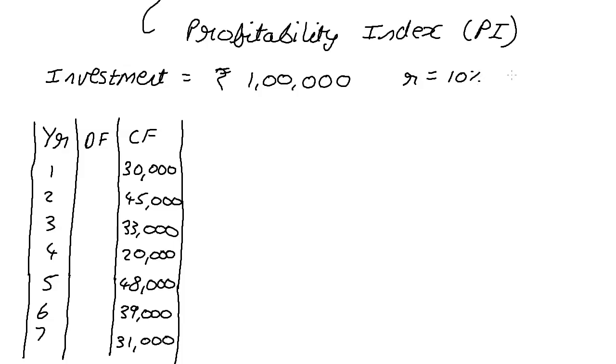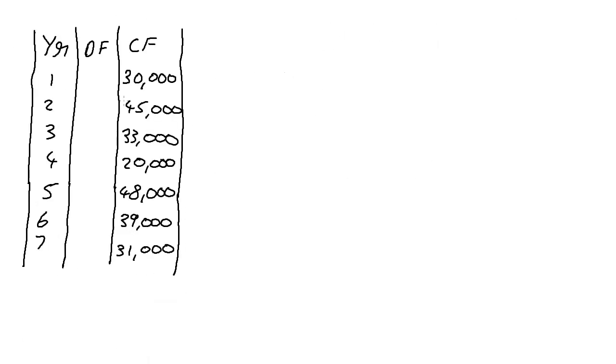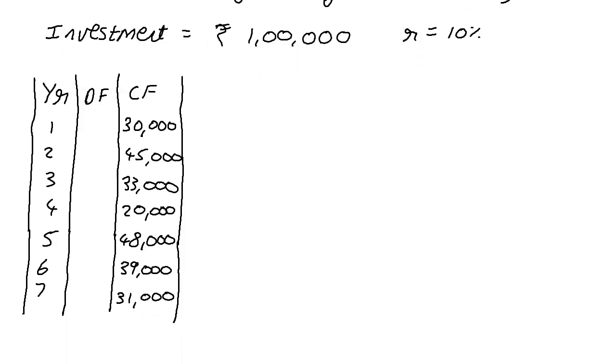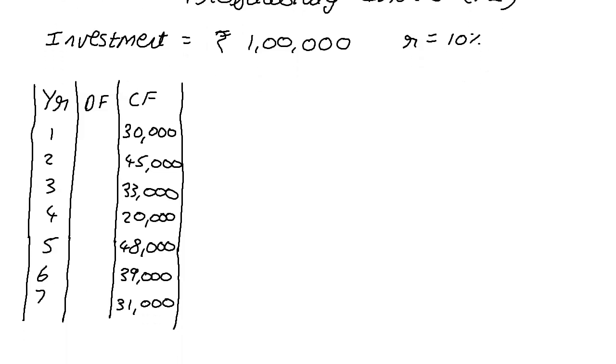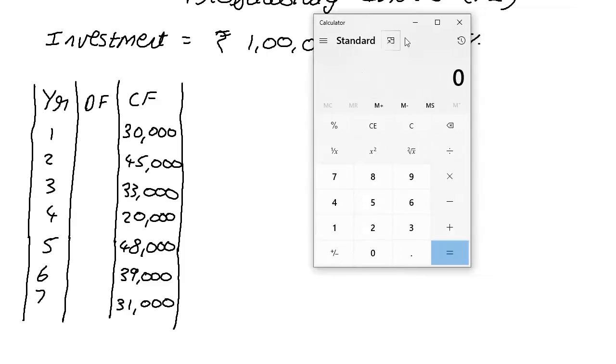We calculate discount factor based on the formula 1 upon 1 plus R raised to the power of n. Doing this on the calculator is easy. Keep in mind your exam may not have tables, in which case you have to do this manually, which should not be a problem as long as you know the formula.